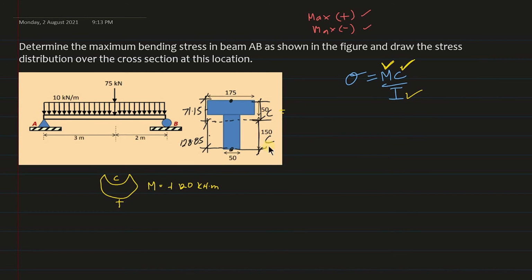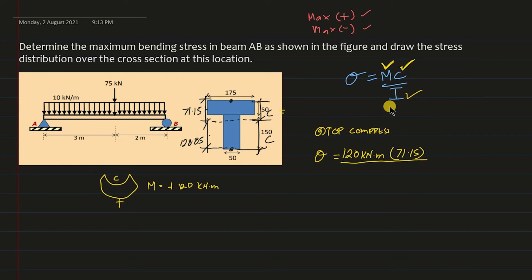First is at the top, no? At the top where there is compression, compressive stress. That our sigma would be equal to anong value ng ating moment? That's 120 kilonewton meter times ano yung value ng ating C sa top, ito. That's 71.15 divided by ano yung value ng ating I?